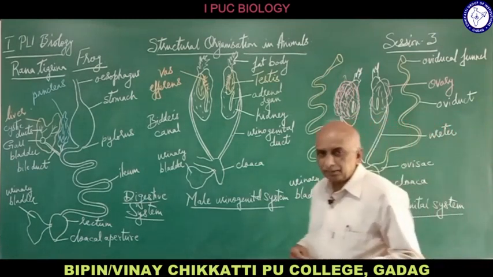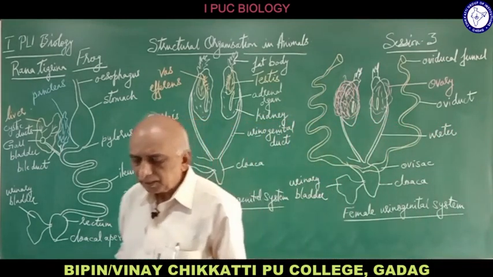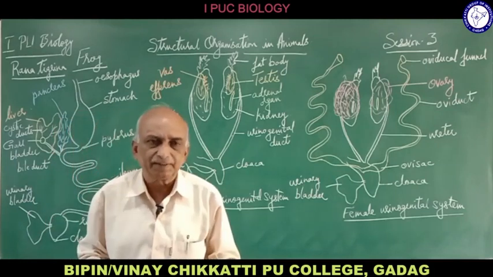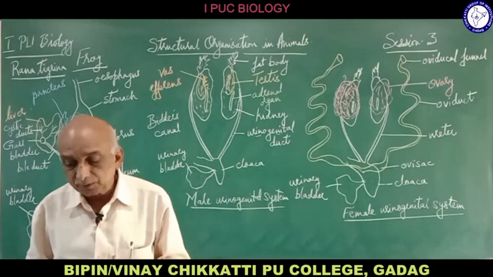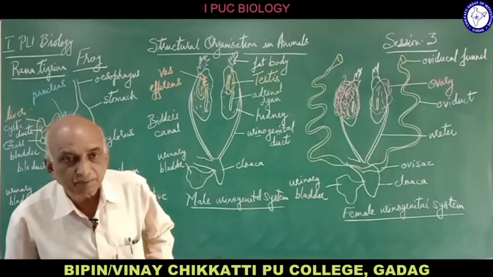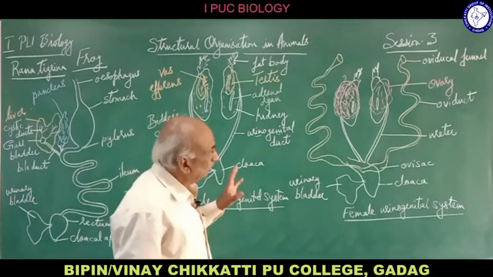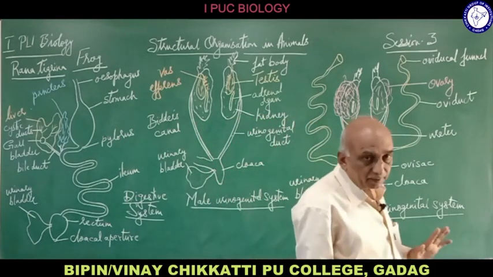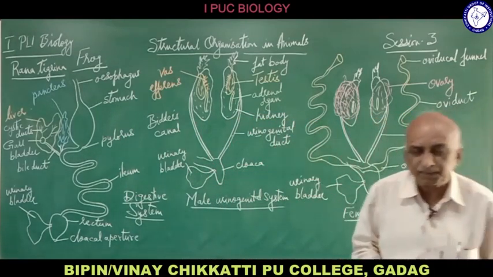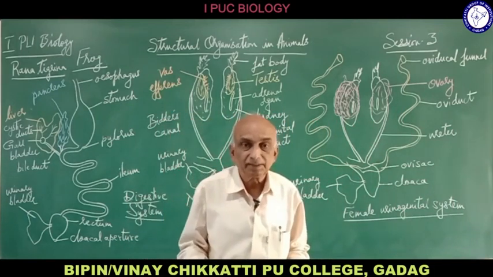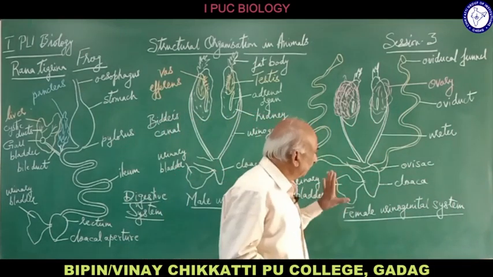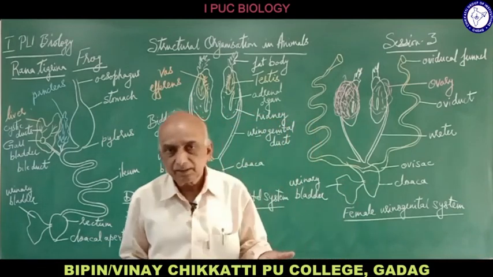The female releases a large number of eggs at a time, usually 2000 to 3000 eggs at maturity. These minute eggs are released into the water, where the male frog has also released the sperms, and fertilization takes place in the water.